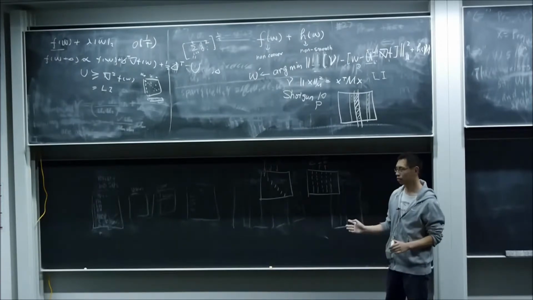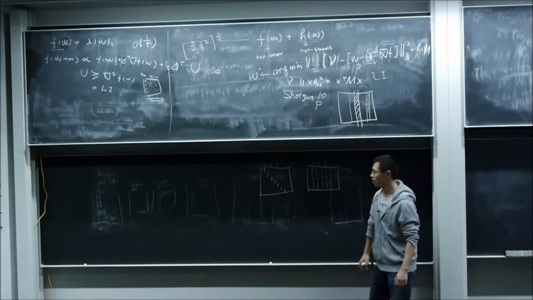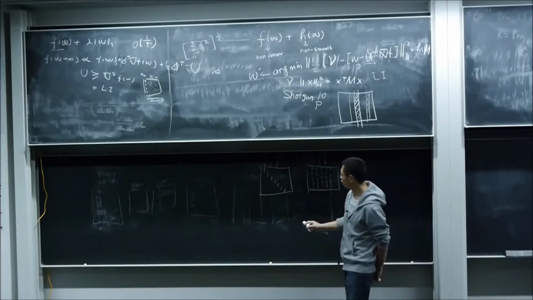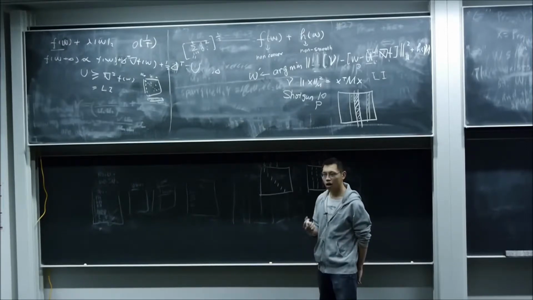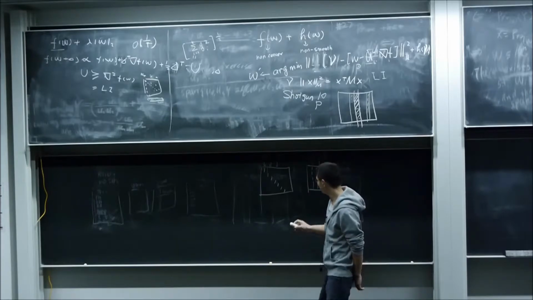So how do we analyze the data structure? One possible way is to look at the largest eigenvalue of the covariance matrix.